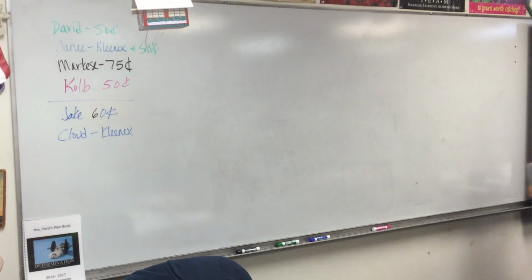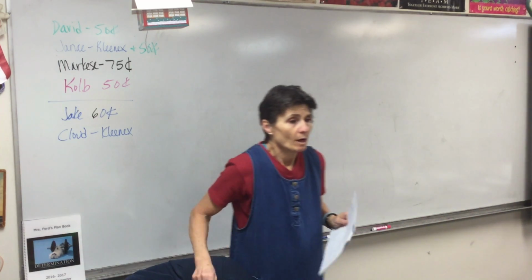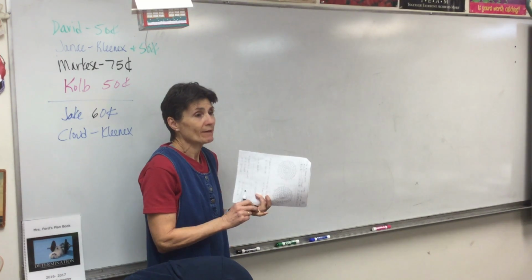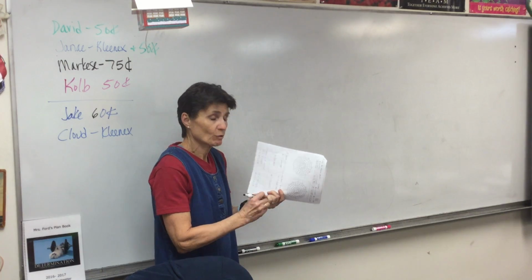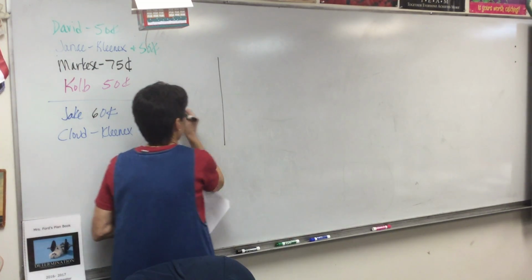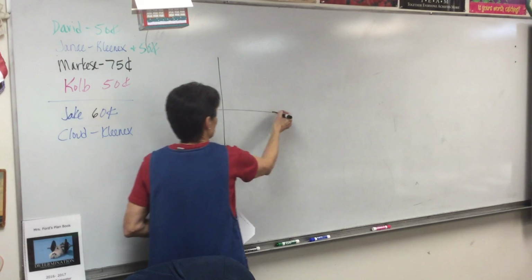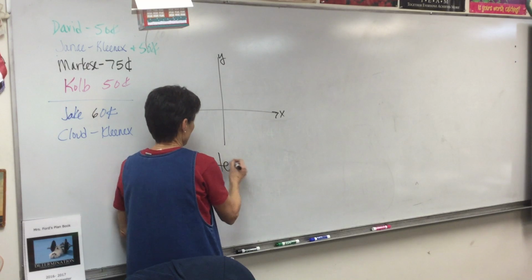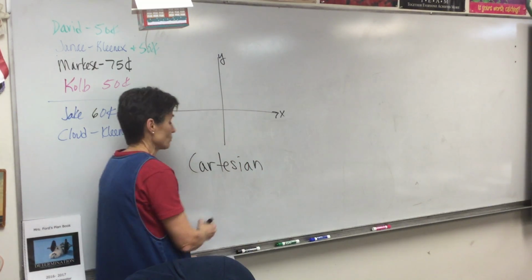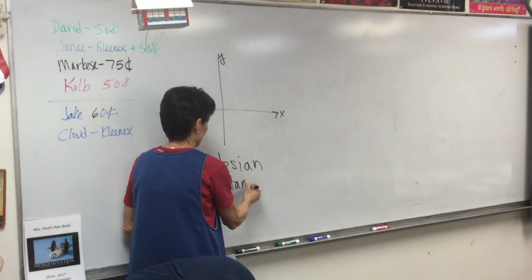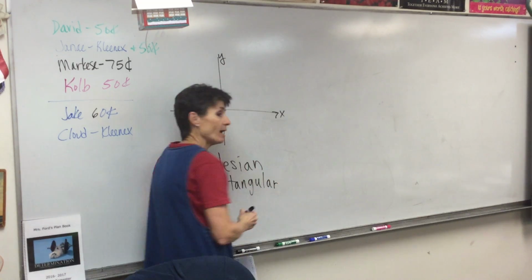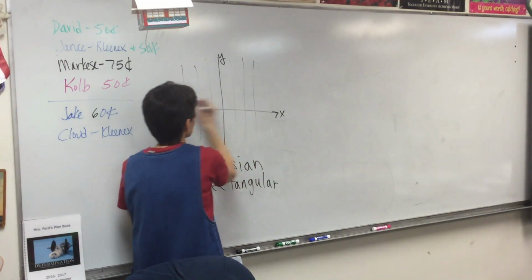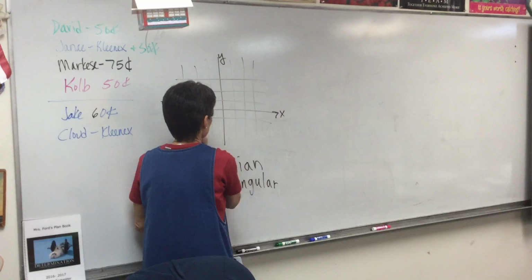All right. So up to this point, everything that you have done in terms of graphing has been on what we call the Cartesian coordinate plane. It is also called the rectangular coordinate system because when you look at your graph paper, it is made up of a bunch of rectangles.